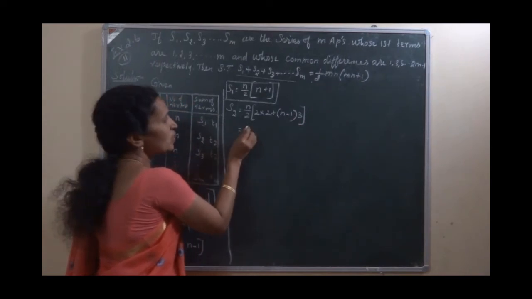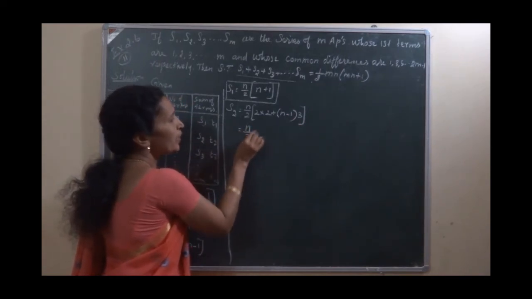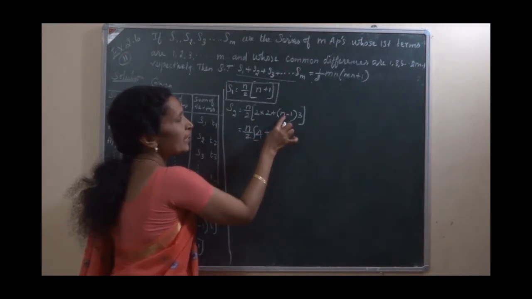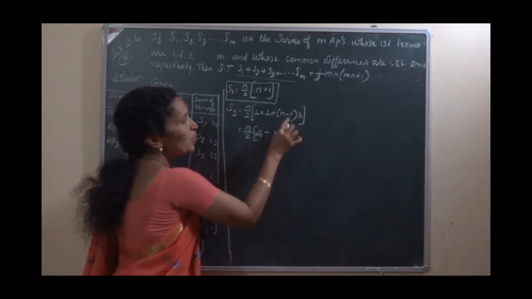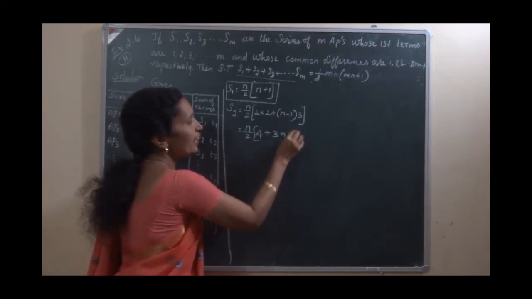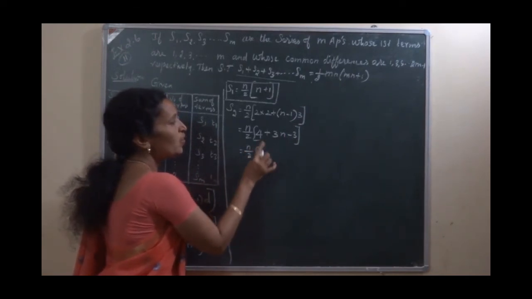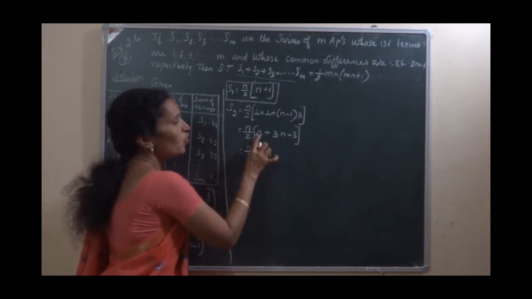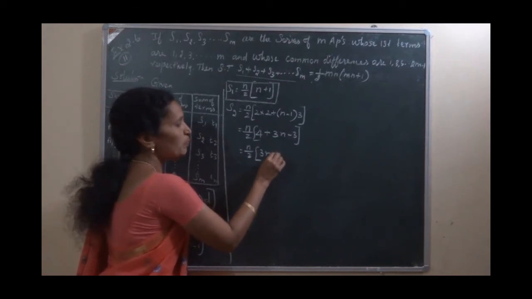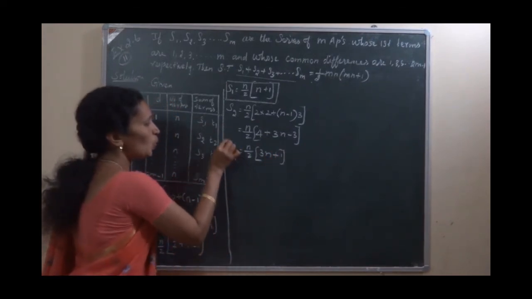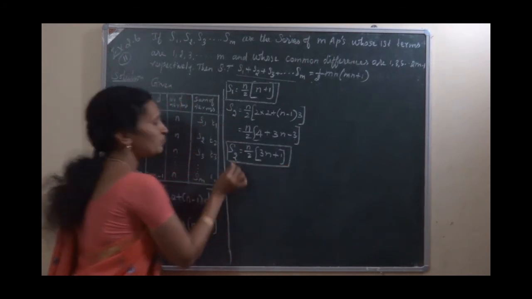So this is equal to n by 2 into (4 plus 3n minus 3), that is n by 2 into (3n plus 1). Okay, this is S2.